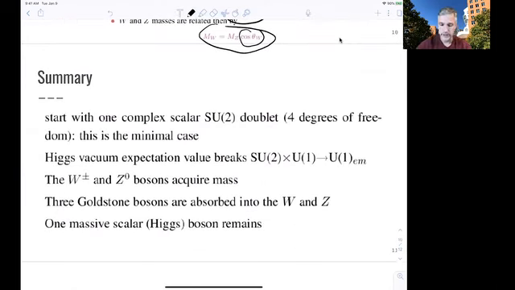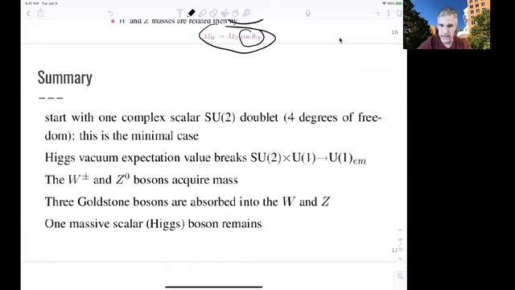All right, so summary. We started with a complex scalar field, a representation of SU2 with 4 degrees of freedom. The Higgs vacuum expectation value breaks the symmetry spontaneously. The W plus, W minus and the Z boson acquire mass, and the 3 Goldstone bosons are each absorbed into the W's and the Z boson.